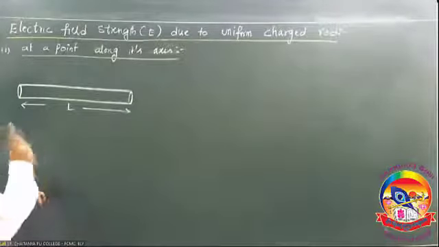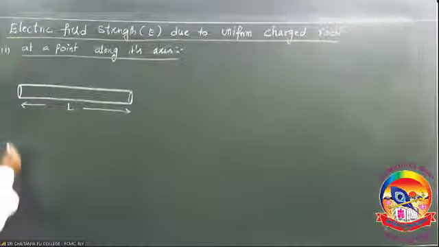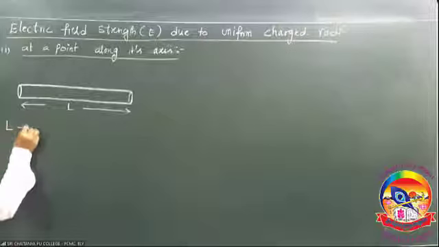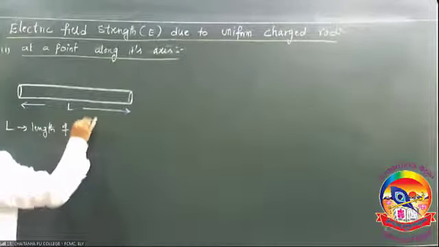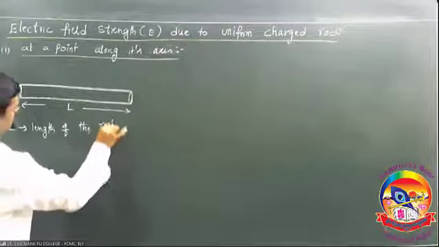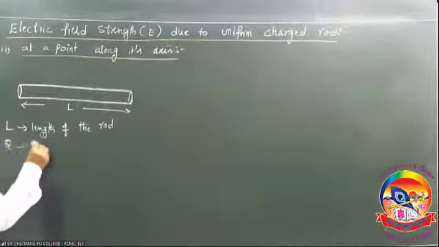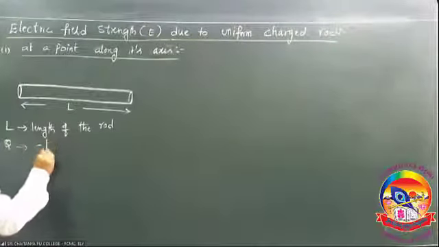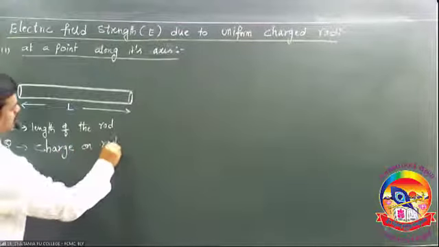Let Q is the charge on that rod. So we have two things. Let L is the length of the rod, Q is the charge on rod, right?